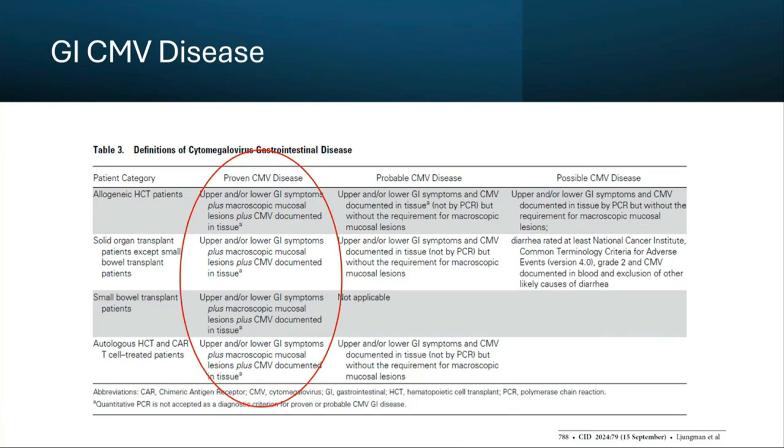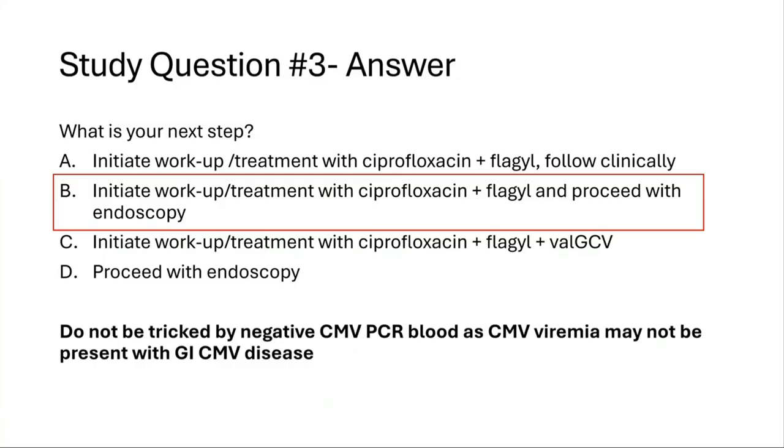Yes. Why aren't we proceeding with valganciclovir, if we have a suspicion that he might have CMV? In this particular question, I think it's on a differential, but we have not made a diagnosis. That's number one.